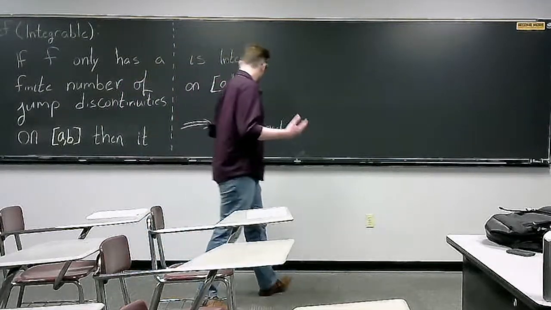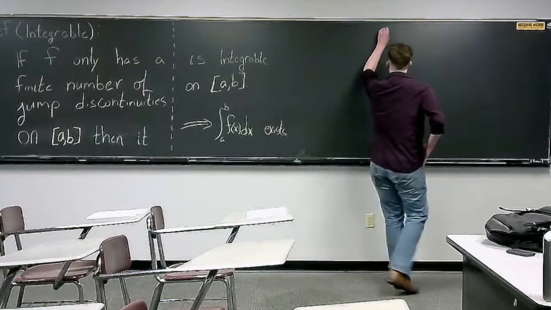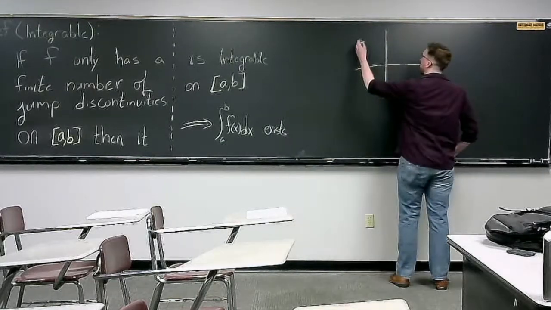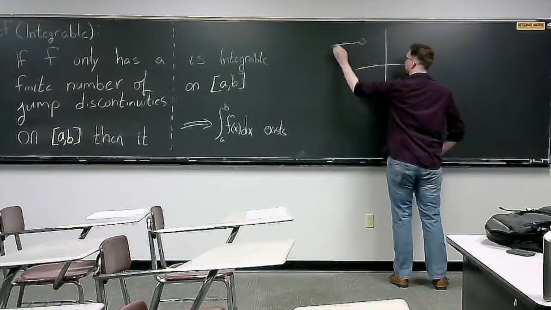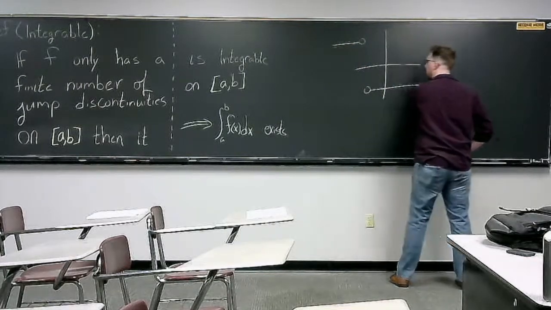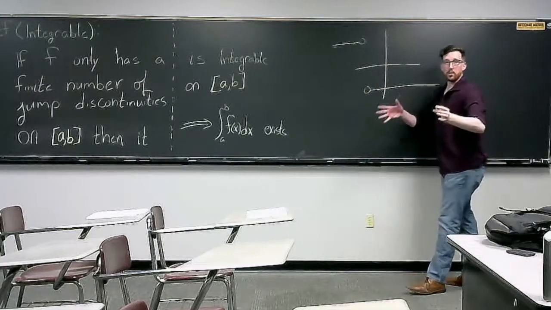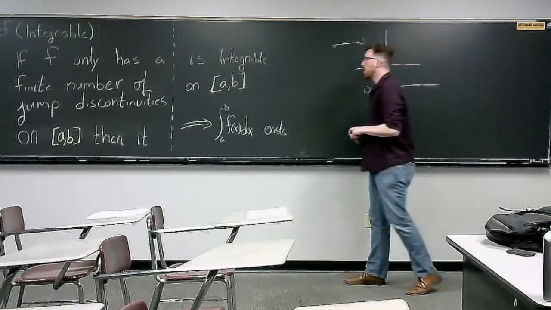For those who don't remember what a jump discontinuity is, it is a discontinuity in your function, kind of like this, where it quite literally jumps. That's all a jump discontinuity is, right?